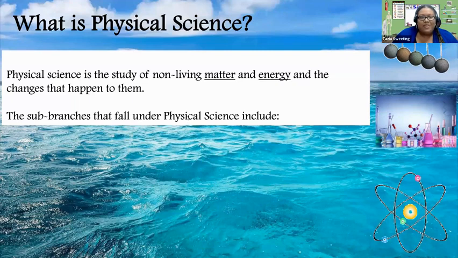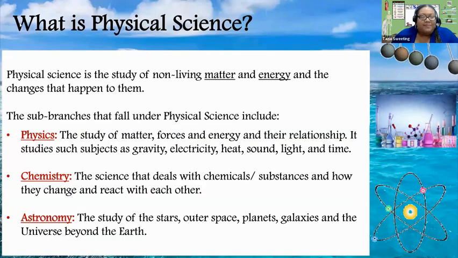So in physical science, we're studying a lot of non-living matter and energy, like heat energy, light energy, electrical energy, non-living matter such as chemicals and forces and so on and so forth. And under physical science, we have some sub-branches, which include physics, chemistry, and astronomy.